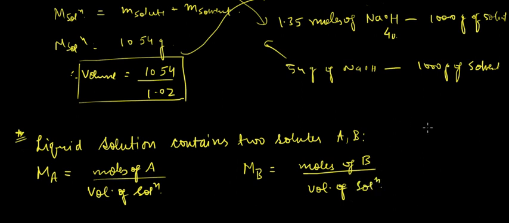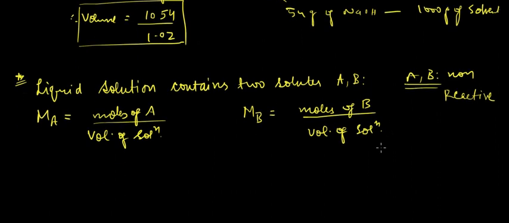Suppose A and B are non-reactive. So in a liquid solution, when A and B are non-reactive, we can directly say molarity of A and B as the following.